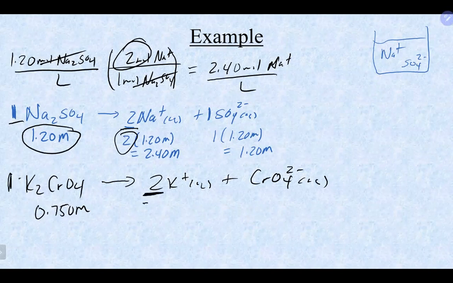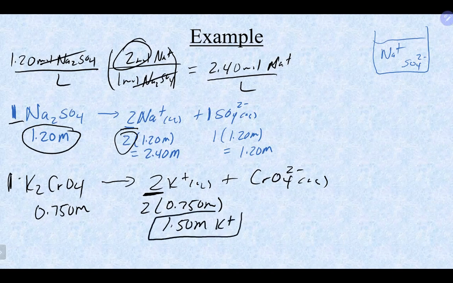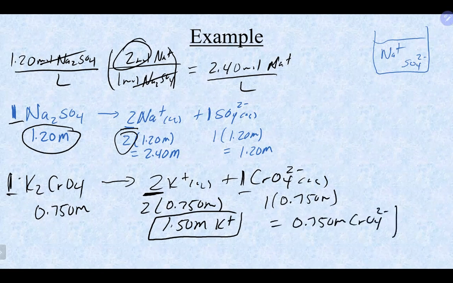So we're going to multiply the molarity by 2. And 0.75 times 2 gets us 1.5 molar for our potassium ions. And it would be a 1-to-1 relationship between the chromate and the potassium chromate. So that'd be 1 times 0.75 molar, which would get us 0.75 molar for our chromate ion.